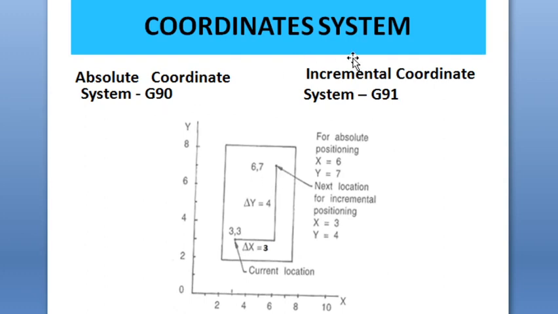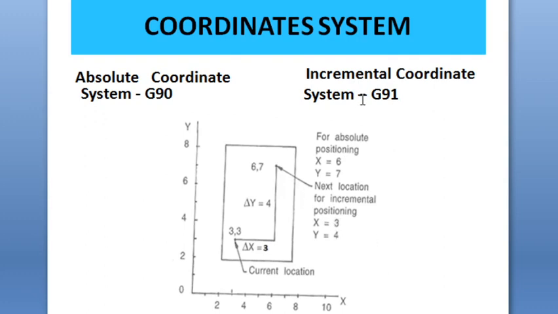In incremental or relative mode, the G91 code is used. The point P is defined from the origin as 3, 3. The next location is defined in the G91 incremental or relative coordinate as 3, 4.